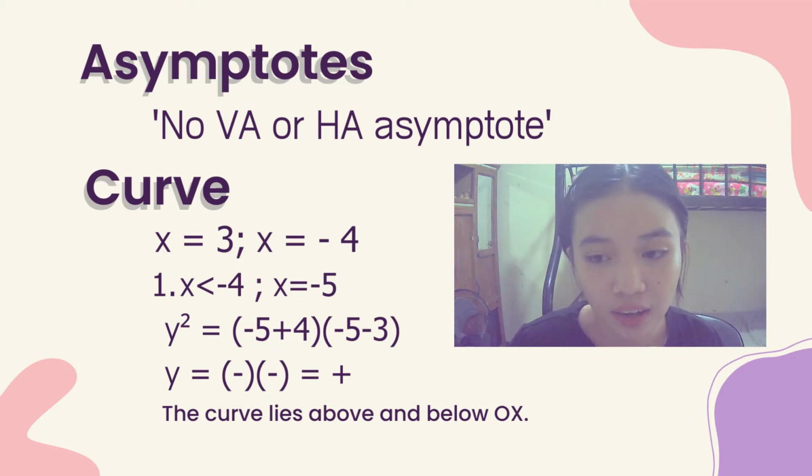Given, the algebraic curve has no vertical nor horizontal asymptote, and understood siya since ang algebraic curve na to is type 3. So, magpo-proceed na tayo sa pag-determine ng extent ng ating curve.